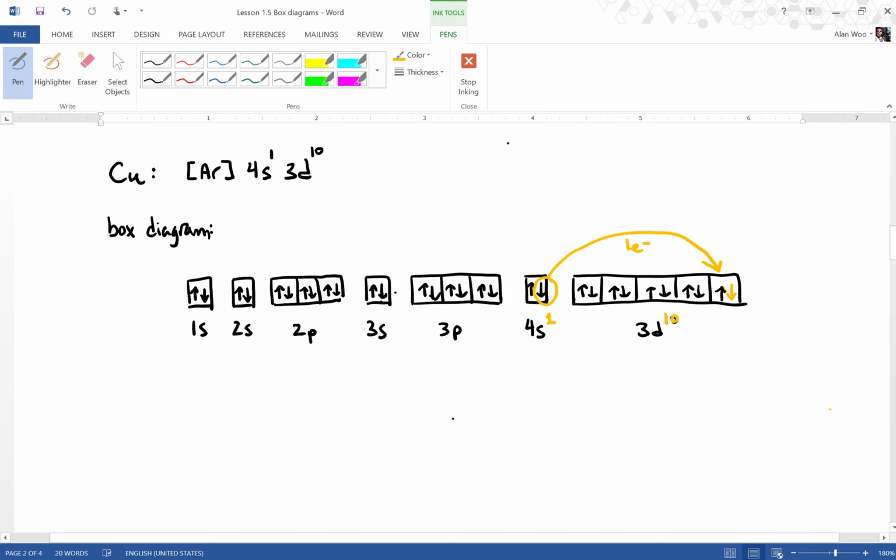So we have electron promotion being shown here through a box diagram. A lot of these box diagrams can be useful for showing certain patterns that would take us too long to do if we had to draw a quantum mechanical model, and your electron configurations don't show enough detail in terms of what the electrons are doing.